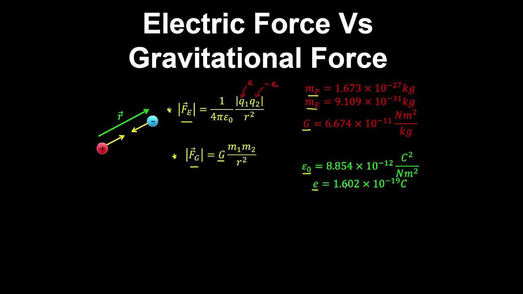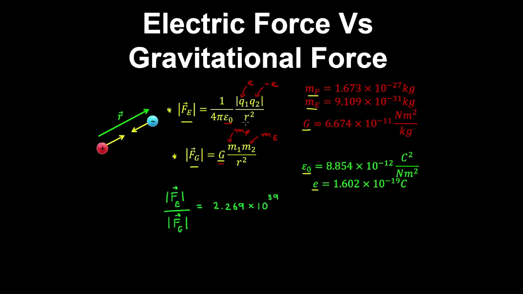So if we substitute the charge of the proton and the charge of the electron, which is negative, and the mass of the proton and the electron, and also the permittivity of free space and the gravitational constant that we're given here, and then take the ratio of the magnitude of the electrostatic force to the magnitude of the gravitational force, if you calculate this out, you'd get 2.269 × 10^39.